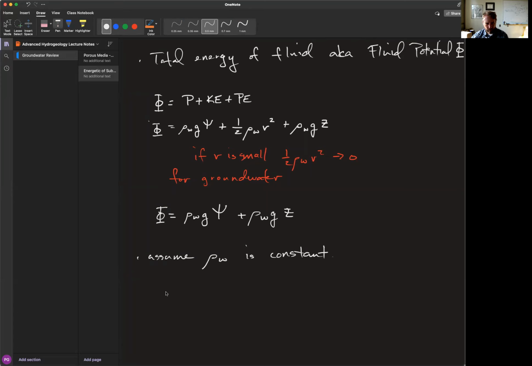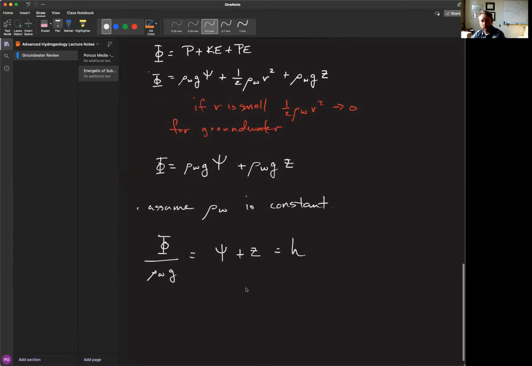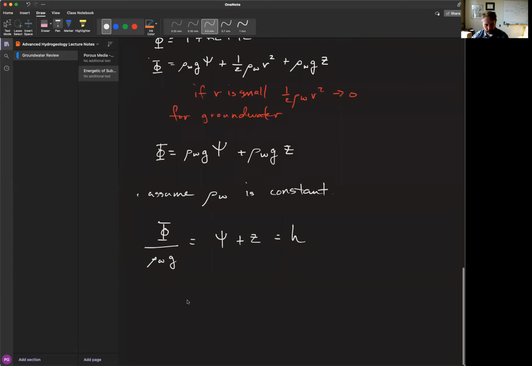So if I do that, I can divide everything here by rho water g. All right, and this is my groundwater hydraulic head equation.